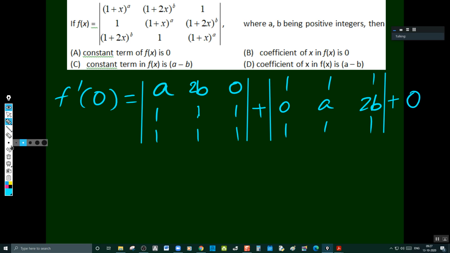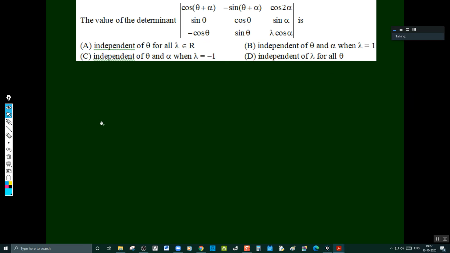this one please. See this carefully. What is cos of theta plus alpha? Expand. I am asking you to expand cos of theta plus alpha. Cos theta cos alpha minus sin theta sin alpha.